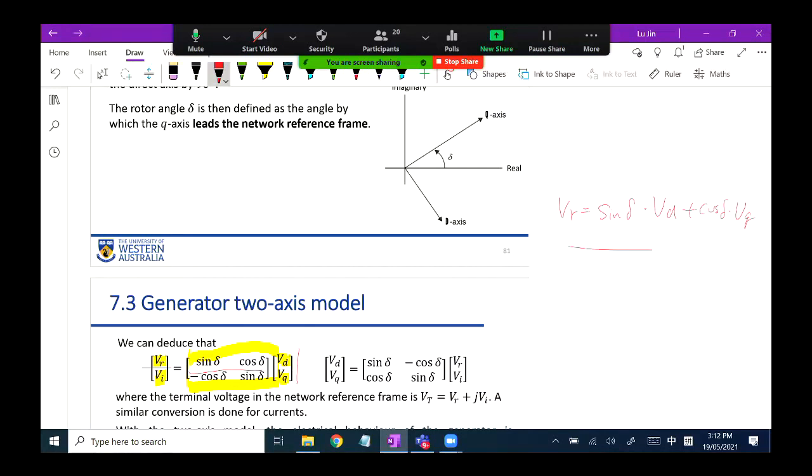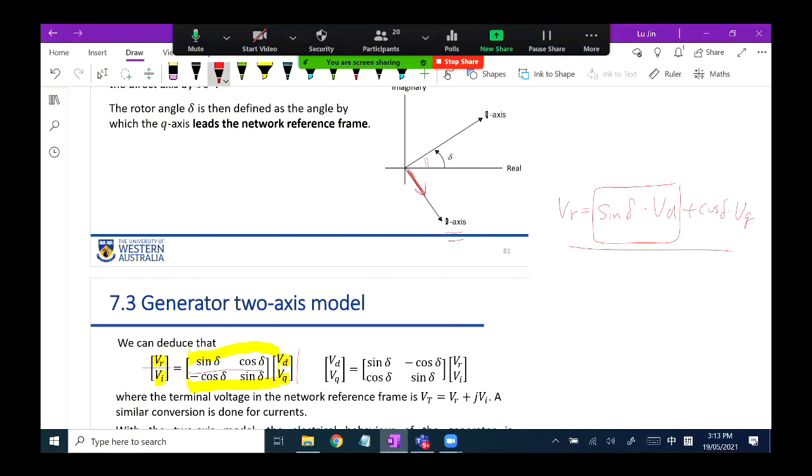I'm writing this down here. So in the graph, we can draw this out. What is VD times sine delta? VD is the component of the voltage along the direct axis. For example, our direct axis is given here. VD is this vector along the direct axis. And where's VD times sine delta?